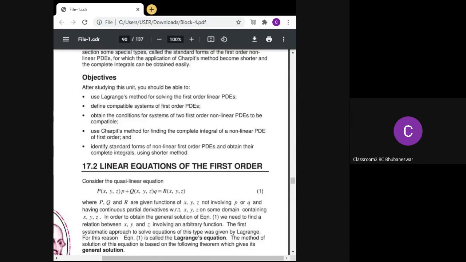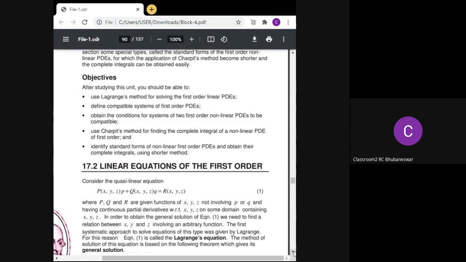As we have already discussed the general form of the quasi-linear first order partial differential equation, in these kinds of equations the coefficients of small p and small q, and the function on the right hand side, that means capital P, capital Q, and capital R, must be functions of x, y, and z, but not involving p or q. So these kinds of equations are known as quasi-linear first order partial differential equations. They are also known as Lagrange equations.